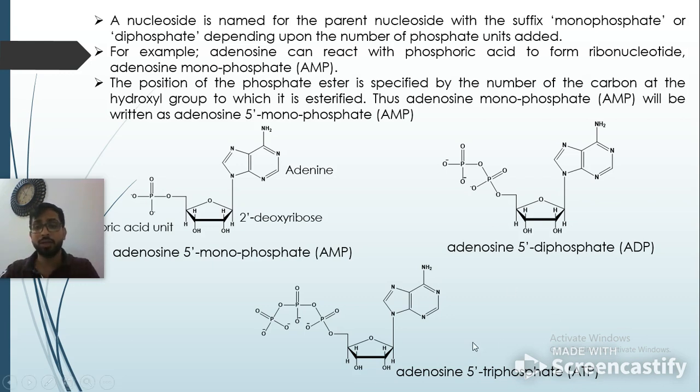Likewise, if we have hydroxy groups at, let's say, 2', 3', and 5', we have to name it like adenosine 2',3',5' diphosphate. So we have to specify the position of the phosphate group present in this nucleotide system, as well as the number of phosphates by assigning mono, di, tri, tetra, etc.